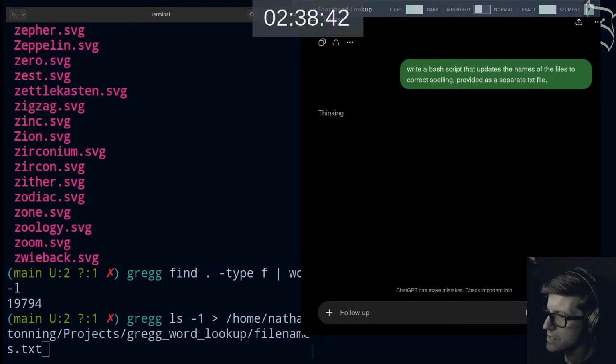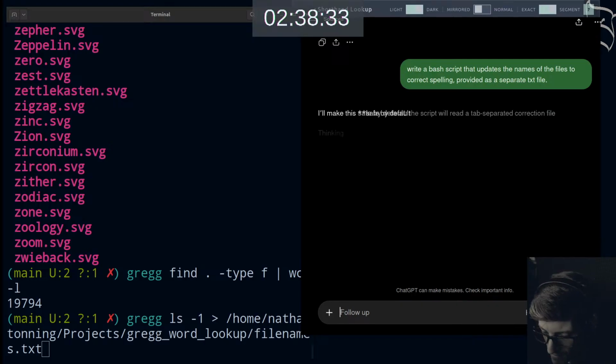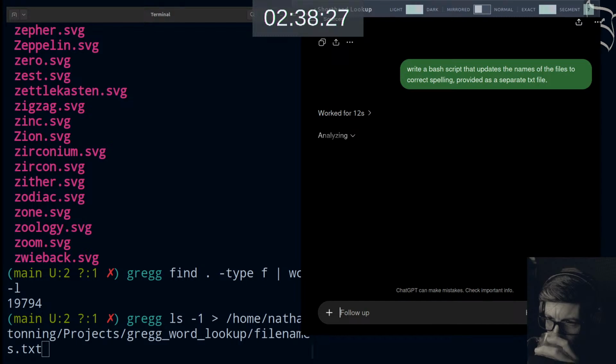So like I said, this is where it's really useful to do this sort of small stuff. And then the actual implementation is pretty interesting the way it works.